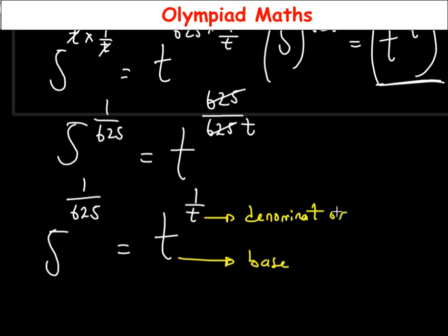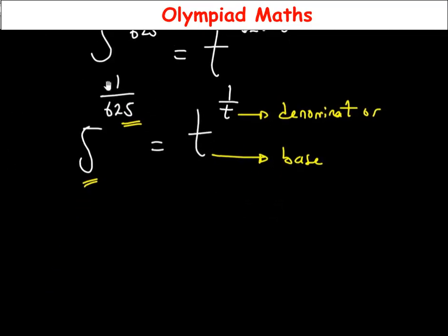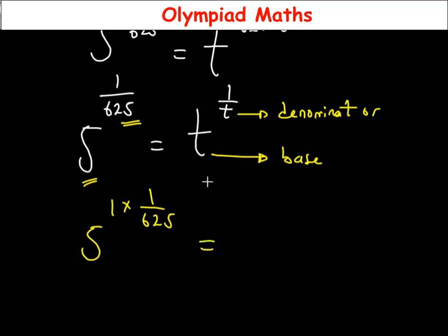So what we're going to do is also make the base on the left equal to the power denominator. And we can achieve that by writing 5 raised to power 1 times 1 over 625 is equal to t raised to power 1 over t.